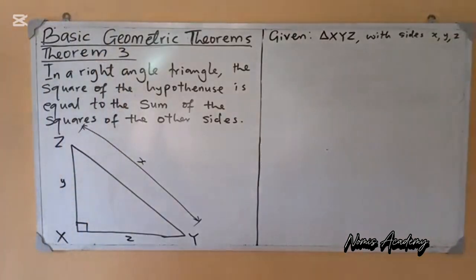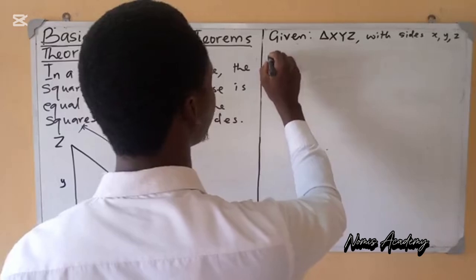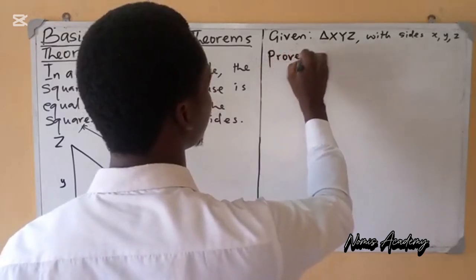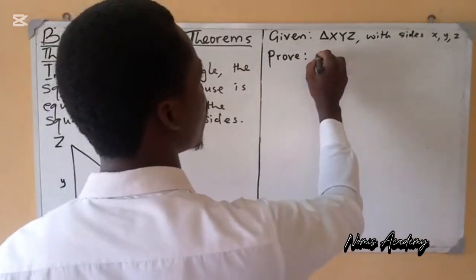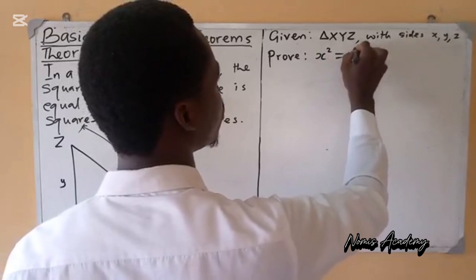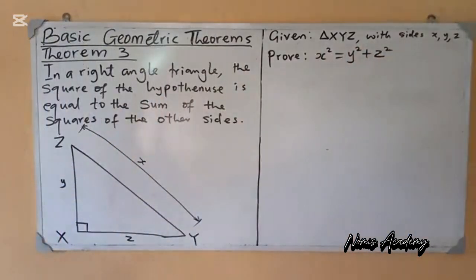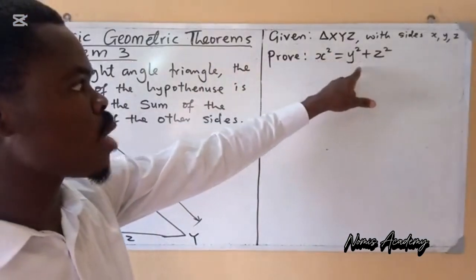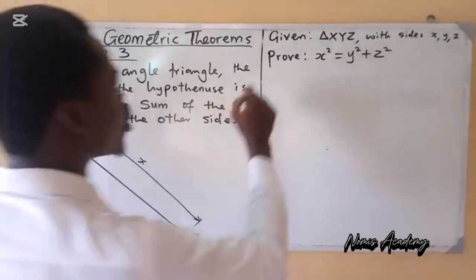Okay, this is what is given to us, and now we are to prove that x square is equal to y square plus z square. So based on the theorem, we are to prove that x square is equal to y square plus z square from the diagram. Now construction.